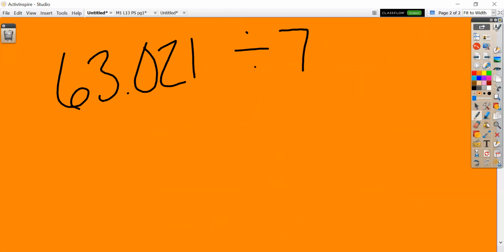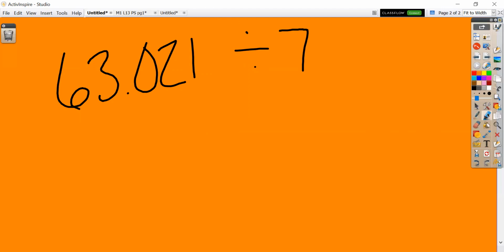We're going to divide it by a digit that's a little bit more challenging than 5. So let's divide by 7. So we need to know our multiples of 7. So 7, 14, 21, 28, 35, 42, 49, 56, 63, 70.